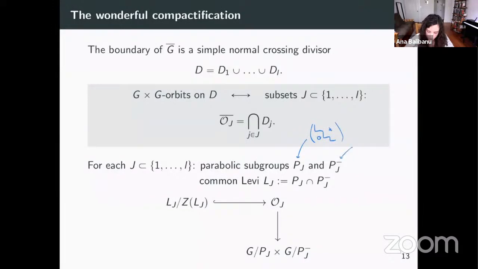And the negative parabolic looks like its reflection across the diagonal. So let me make sure that I draw it correctly. And then their intersection is just the block diagonal matrices in the middle.